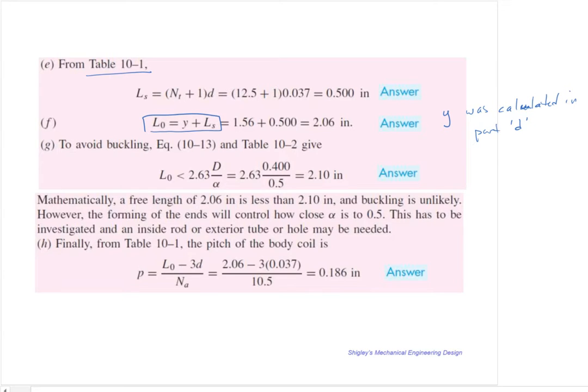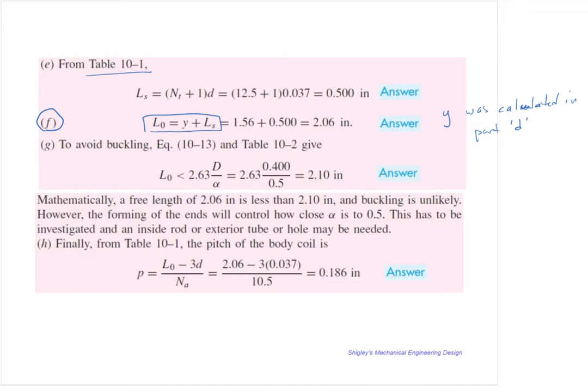For buckling, the last part, table 10.2. You know what? I'm going to back up. This is tricky right here. F, if it's not explained, it's not really especially clear because this formula is not in the book. You just have to think this one through. They asked you to find the deflection required to yield the spring, and now what should the free length be so that you can't yield the spring, right?